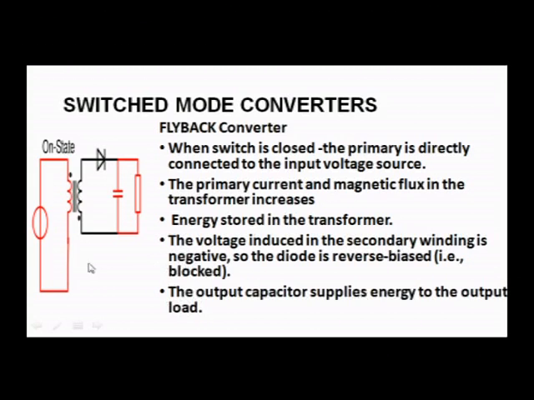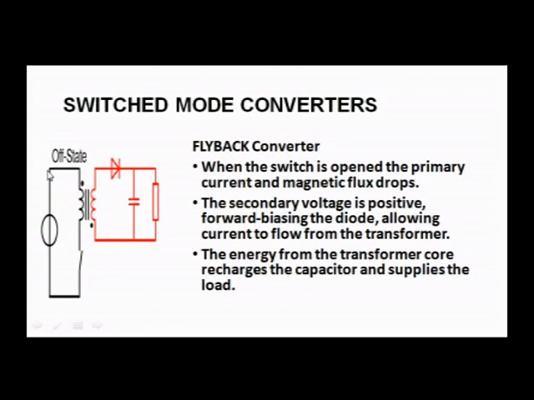Now, let us see what will happen when the capacitor gets charged and the load is getting the voltage. At that moment, if I switch off, the second mode, the off state, what is going to happen? Now, please see this, whatever magnetic flux was there is going to drop because of the open circuit here.